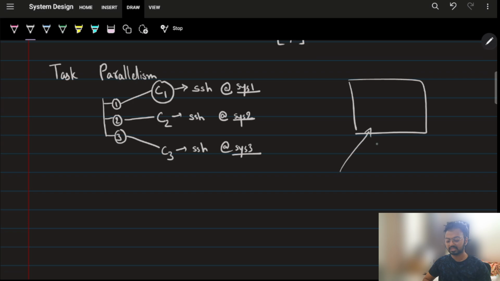The user is continuously coming and asking from different geolocations or different regions, and the server needs to do the following. Based on whichever is the shortest spot, a different server can be picked up, the task is executed, and the user gets the response. So this is a classic example of task parallelism.